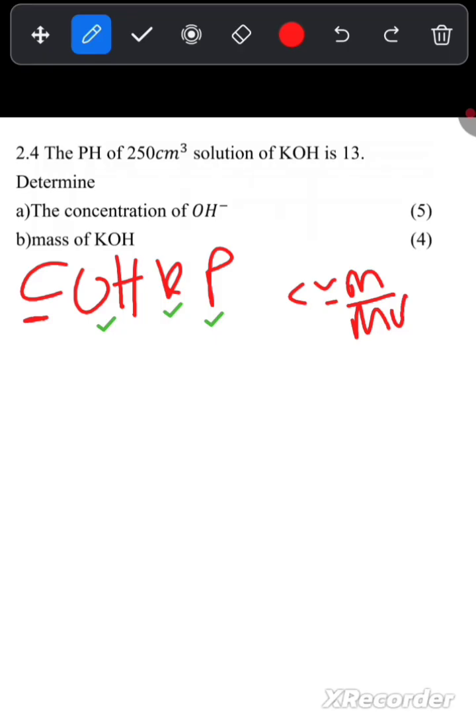So, what is the concentration of KOH in relation to the concentration of OH minus? What is the ratio between the two? To get the ratio, we will have only one OH in this base, so the ratio is 1:1.